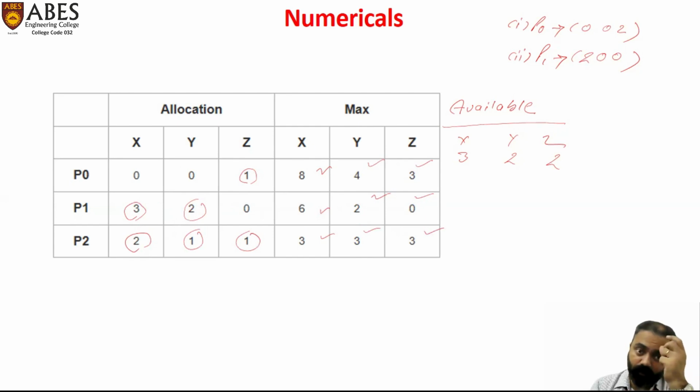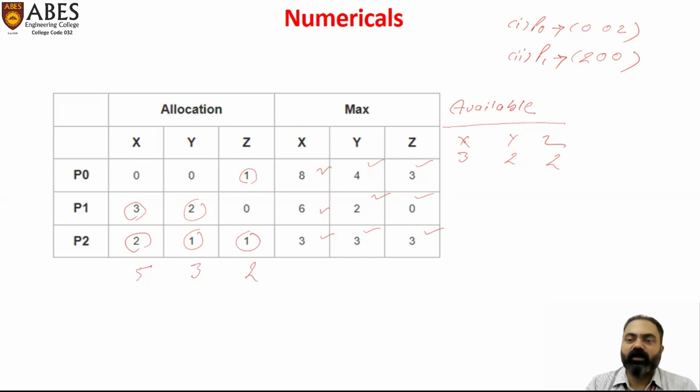After allocating all these, for resource X there are 5 units allocated, for Y 2 plus 1, 3 units are allocated to all processes, for Z this is 2. This is the current allocation. After allocating these instances of every resource, we still have 3 resources of X type, 2 resources of Y type, and 2 resources of Z type.